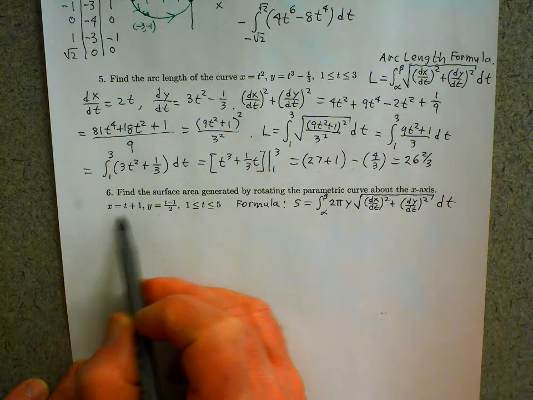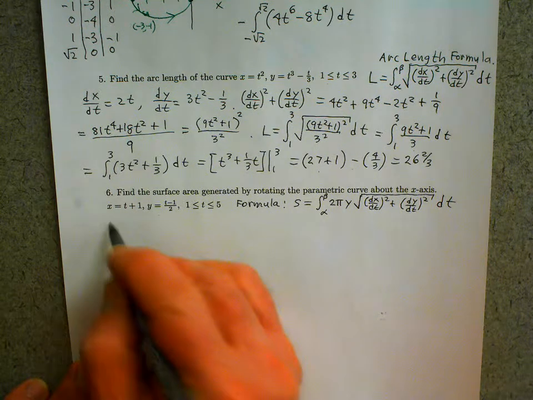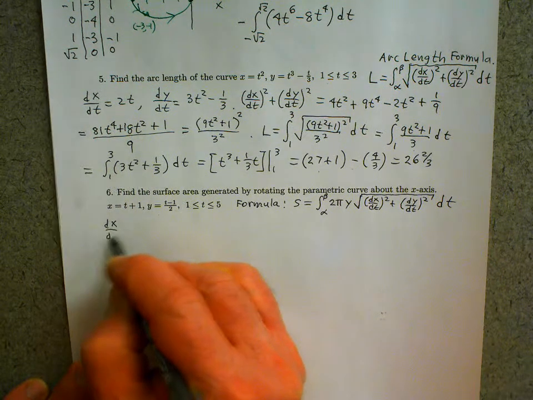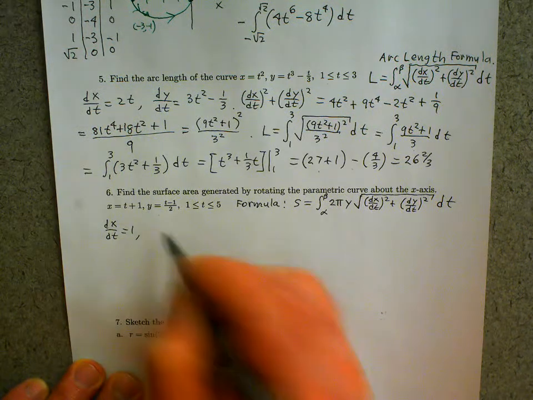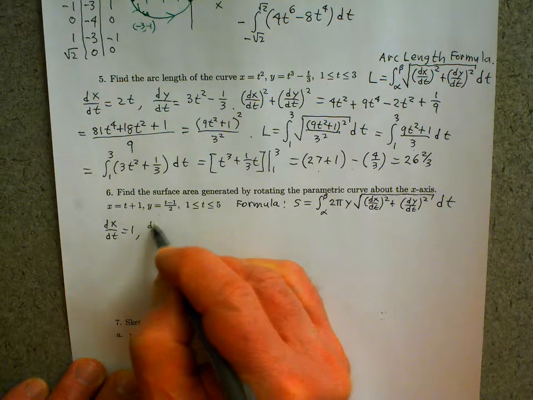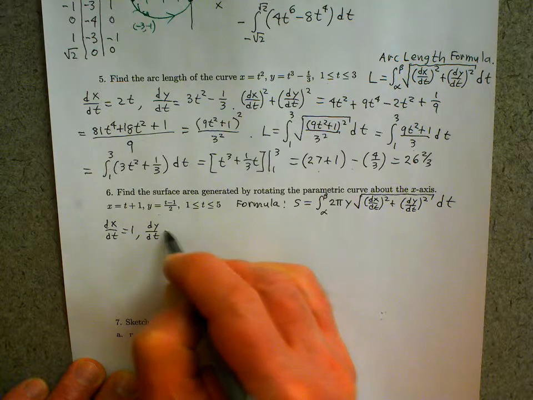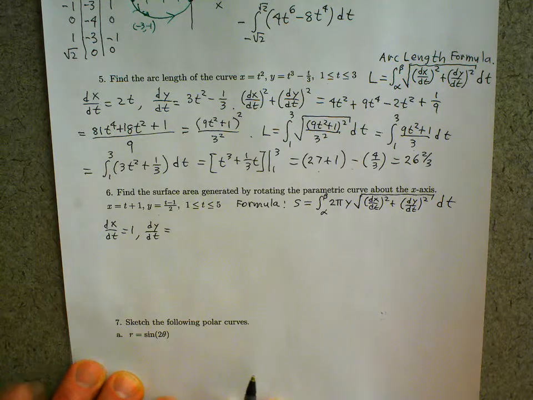Okay, so we have y, and we can find dx/dt and dy/dt. x is equal to t plus 1, so dx/dt is 1. dy/dt is just 1/2.